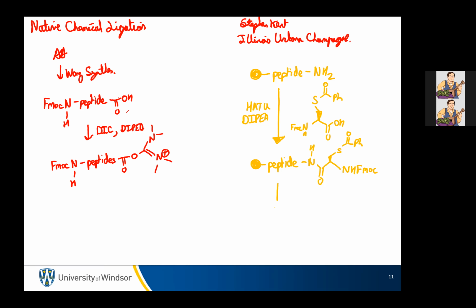Now I deprotect. Cover some piperidine DMF, standard conditions, take off the Fmoc, I do that.